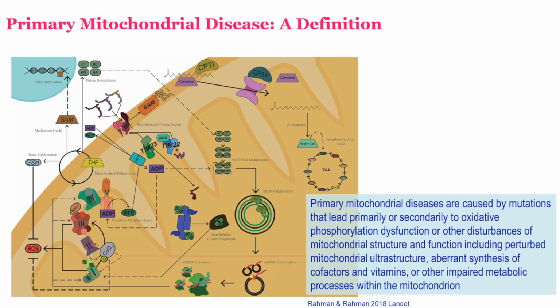And then we have the mitochondrial DNA, and that's undergoing replication and protein translation. That's where some of the genes that we're interested in for the purpose of this talk are going to come into play later. But anything that affects any of these processes can lead to a primary mitochondrial disease. All right, and I didn't even talk about all of them. I'm going to show you another slide that talks about all the genes.